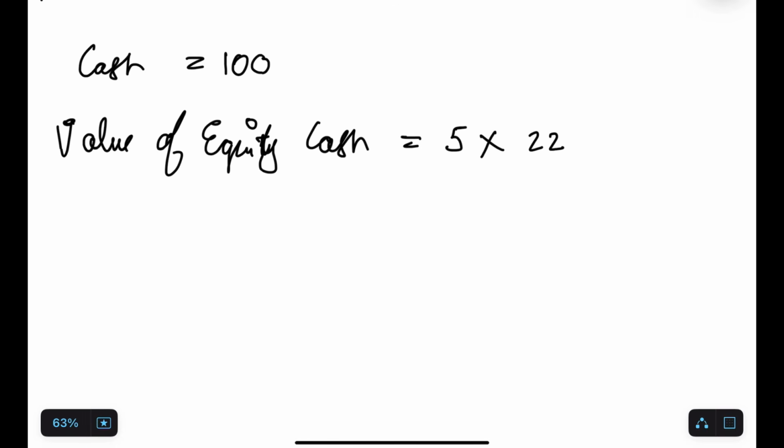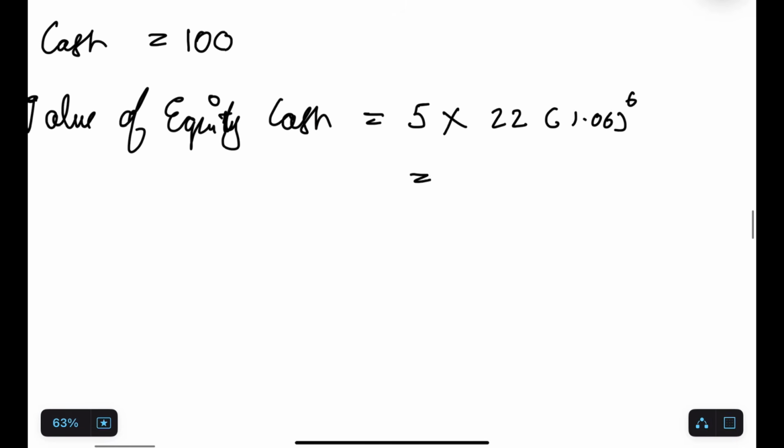We would give that effect. We would raise it by 6% for 6 years. And here we get approximately 31.2 as the price of the equity share of the company after 6 years. We would get five such shares, which gives me 156 rupees as my RV.